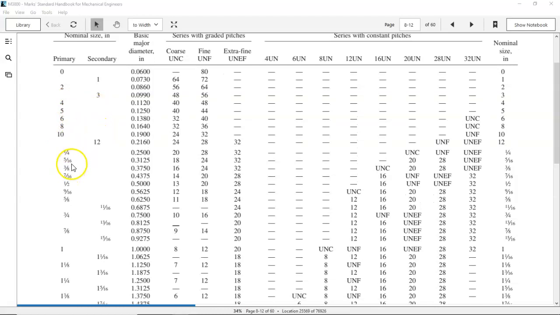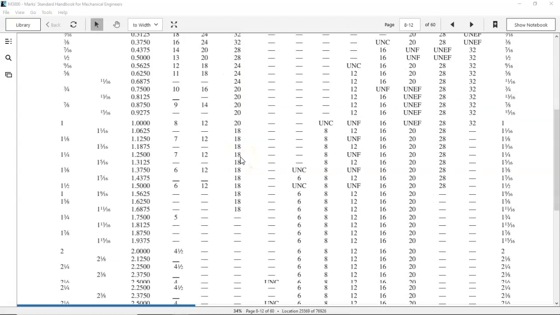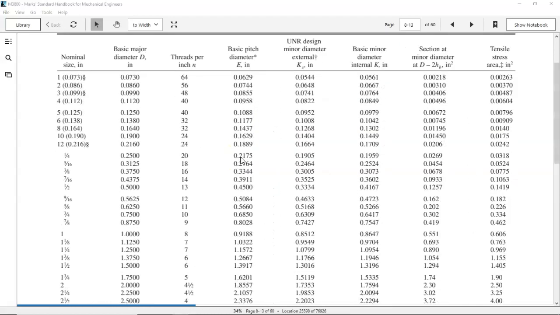Once you get into the fractional sizes, then it moves from the machine numbers into just straight fractional and goes as large as you need. So the most common series of threads: 4, 6, 8, 12, 16, 20, 28, 32, and then getting into 40 and 48 if you really need to go into that level of threads.